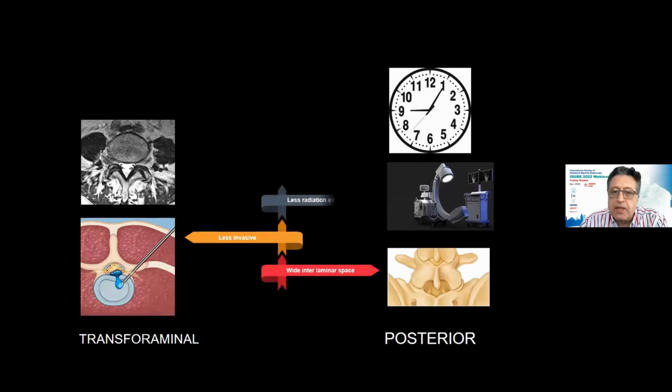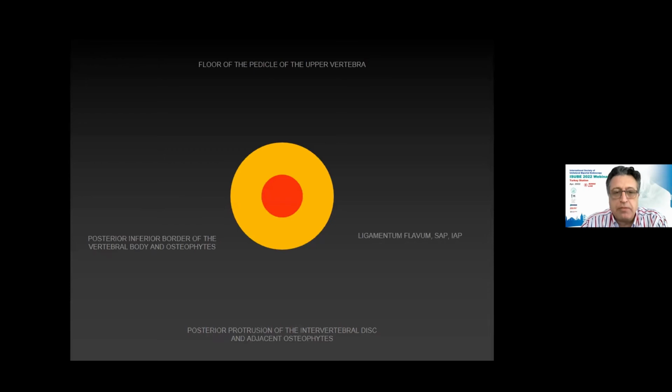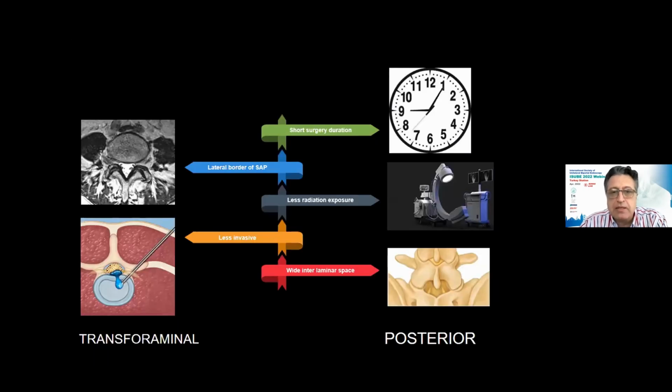So there are some advantages of the posterior approach, and there are other advantages of the transforaminal approach. With the posterior approach, we have a wide interlaminar space. Many times transforaminal seems to be less invasive, but I am not sure for the L5-S1 level.